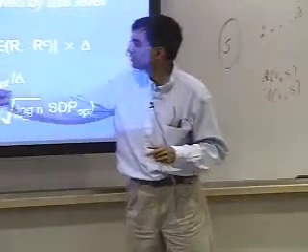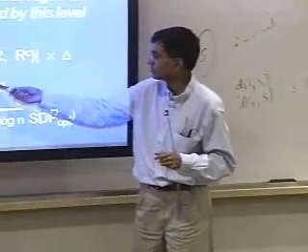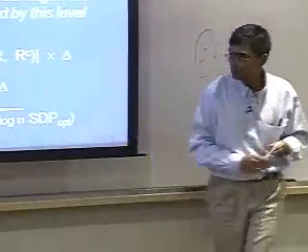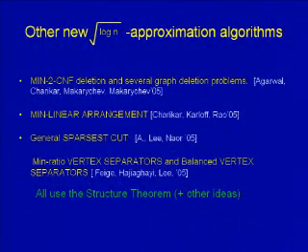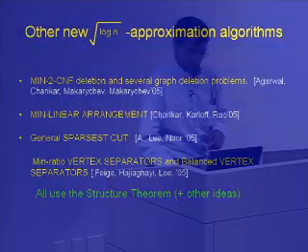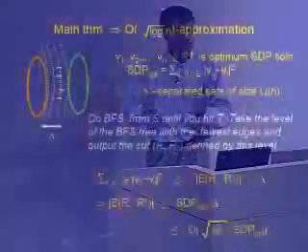Any questions about that? Okay. You just simplify and you get that the number of edges in the smallest cut is at most the SDP value divided by delta, which is square root log n times the SDP value.